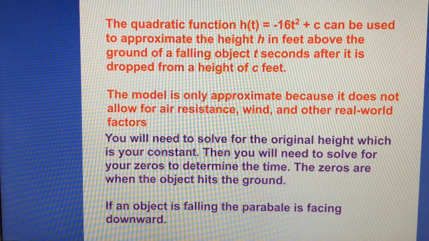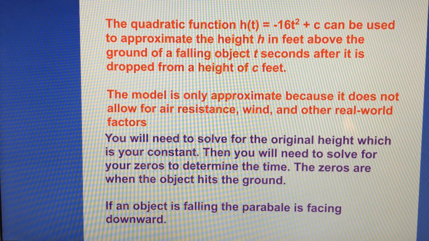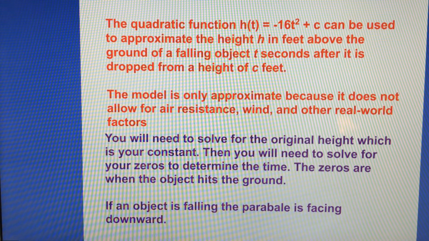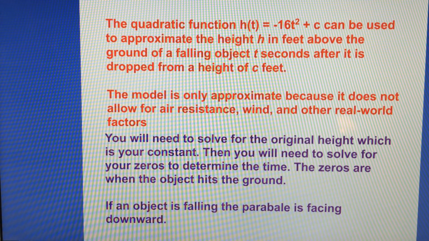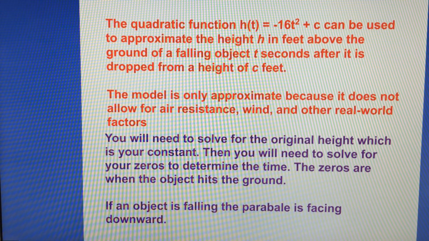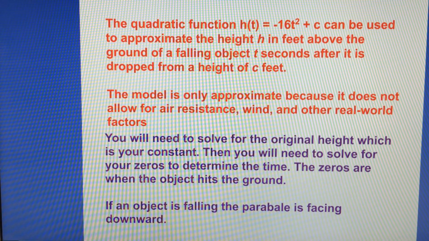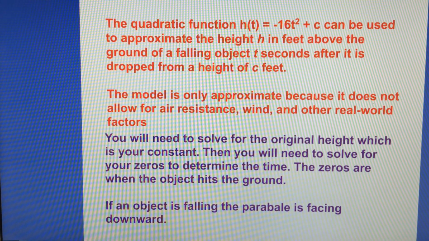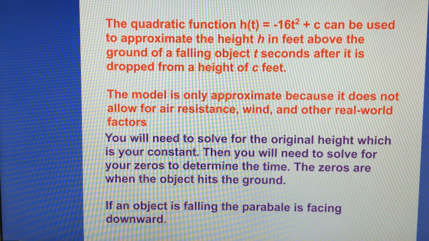Back to this equation. The quadratic function h of t equals -16t squared plus c can be used to approximate the height, h, in feet, above the ground of a falling object, t seconds after it is dropped from the height of c feet.